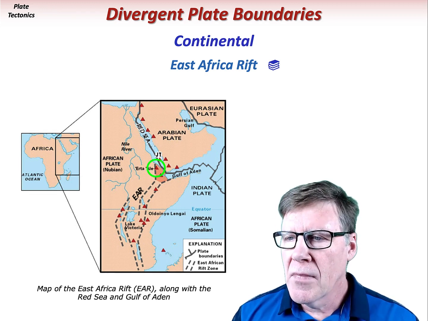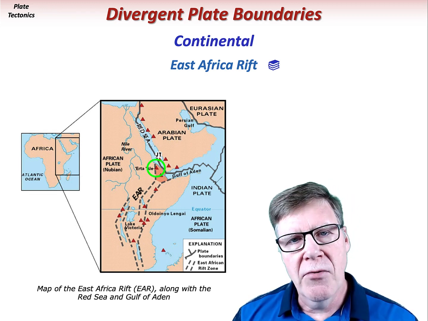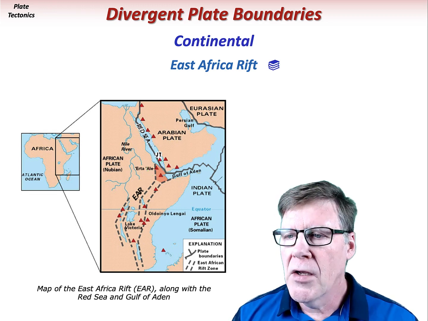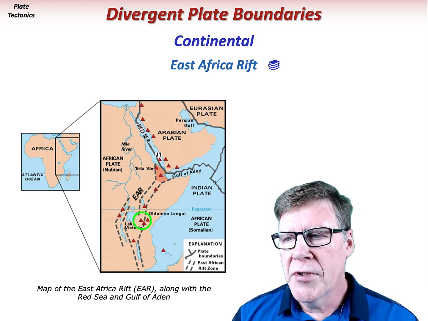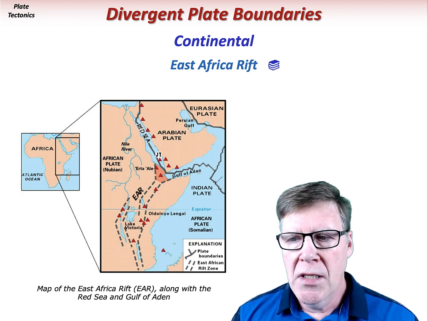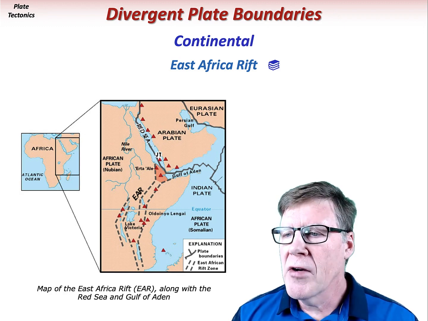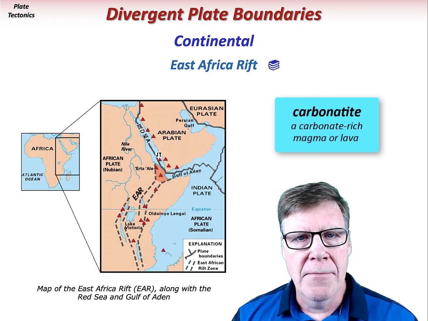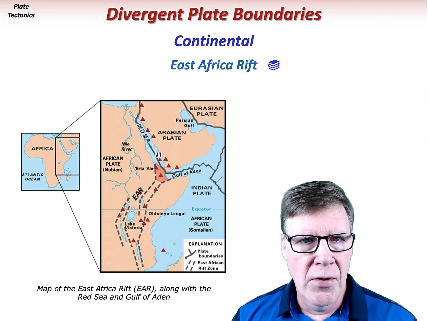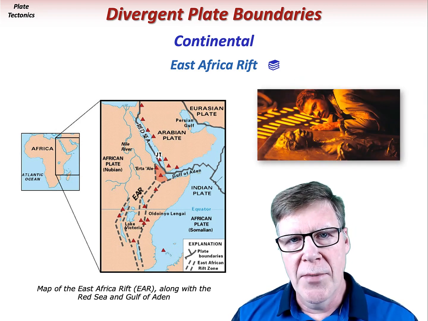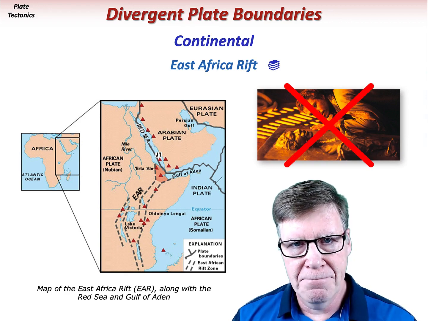Here's Erta Ale that we just looked at, situated right on the hotspot. Another noteworthy volcano is Oldoinyo Lengai, which erupts not silicate lava, but a rare type of lava called carbonatite. And no, that's not what Han Solo was trapped in Empire Strikes Back.